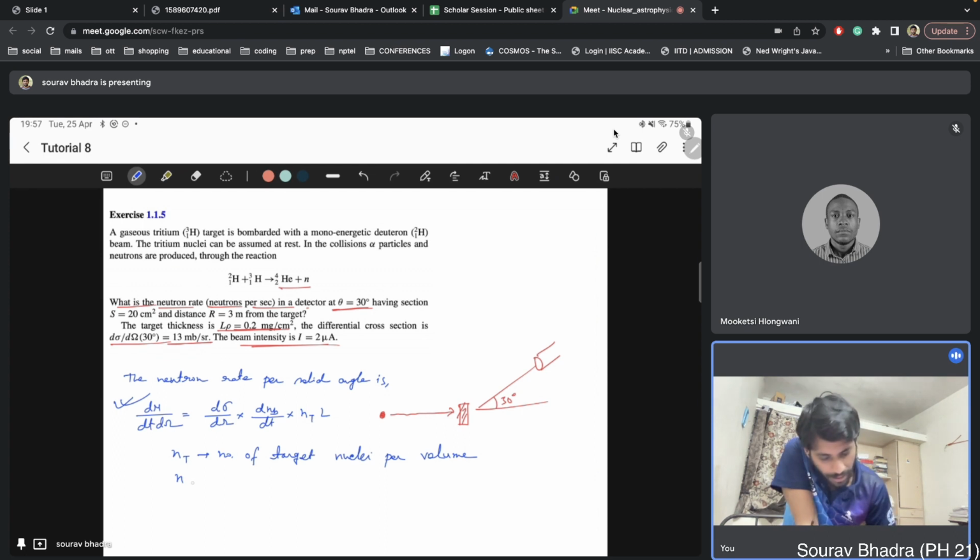So nt can be expressed as NA by A times rho, where A is the mass number of the target element.